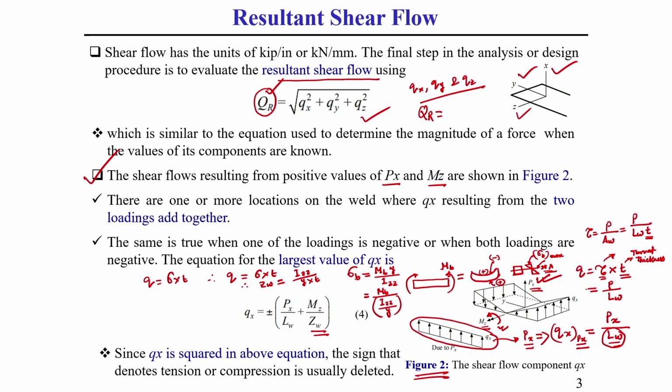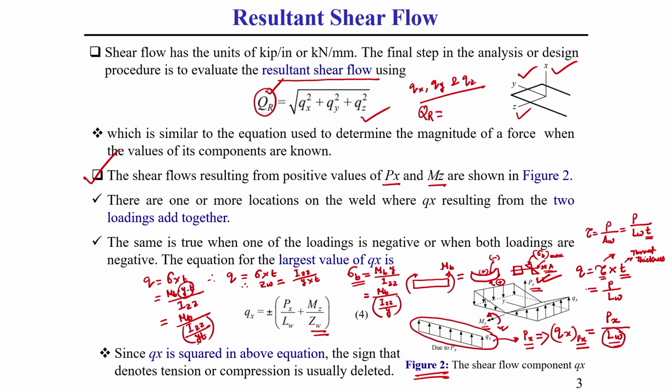If in this sigma b we multiply by t, what will we get? Mb into y into t divided by Izz, correct. If you bring this t down, we get Mb divided by Izz, and this y t will come down.